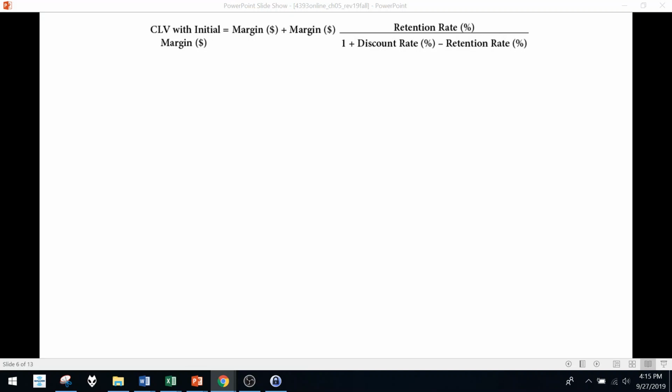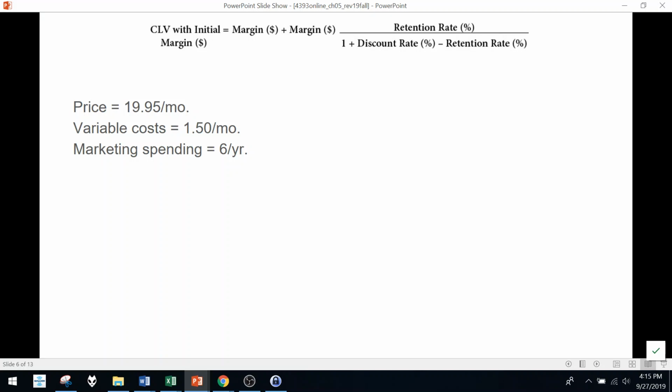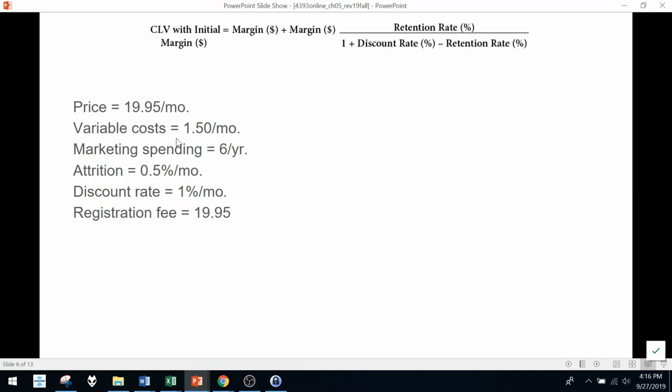So go back to our internet service provider, $19.95 a month, variable cost of $1.50 a month per person, marketing spending of $6 per year, attrition of 0.5% per month, discount rate of 1%. All of those things we have already been given in the previous example.